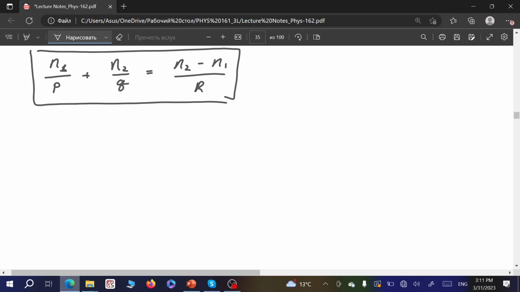And on the right side, we have N2 minus N1 divided by the radius. So the radius defines the geometric features of the interface. To be more specific, it defines the curvature of this interface.